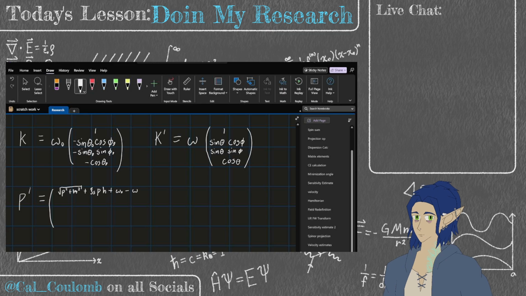Then we have omega 0 minus omega 0 sine theta 0 cosine phi 0 minus omega sine theta cosine phi, minus omega 0 sine theta 0 sine phi 0 minus omega sine theta sine phi.